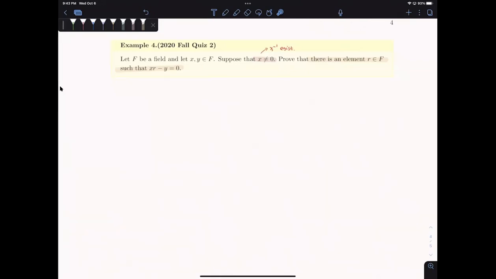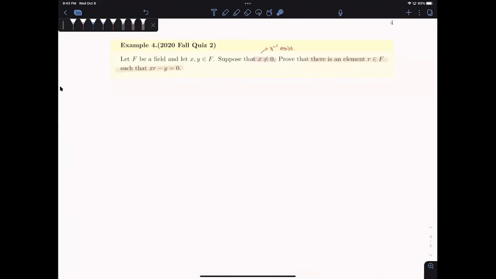For the second half of the image proof, you need to prove that there is an x in the domain such that f of x equals y, right? Prove the existence of x. How did we prove the existence of x?